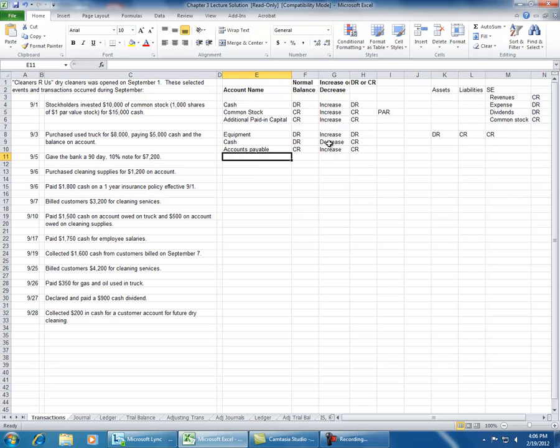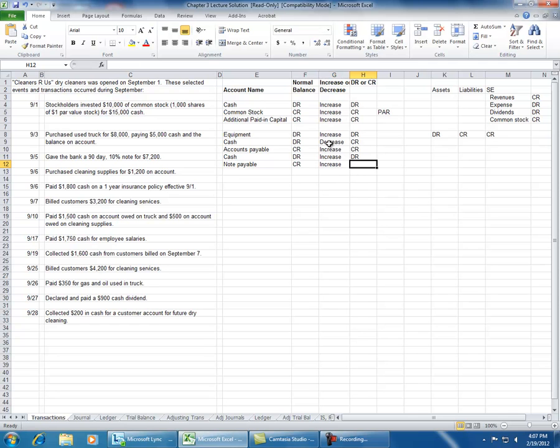We've got a note payable for $7,200, and so cash is going to come in. We're going to take out a loan, and we'll have a note payable as our second account. Assets have debits, liabilities have credits, and we're increasing cash, and we're also increasing our debt.